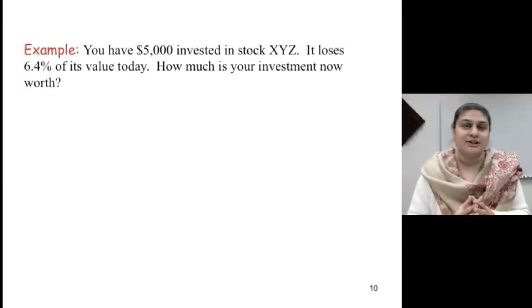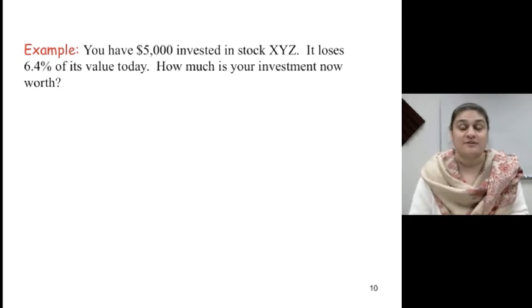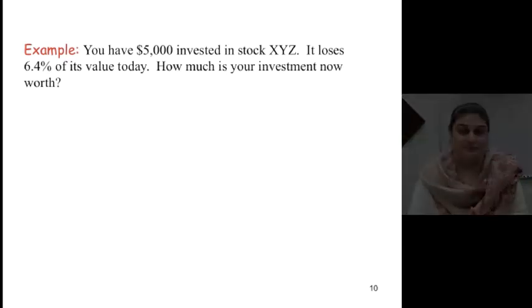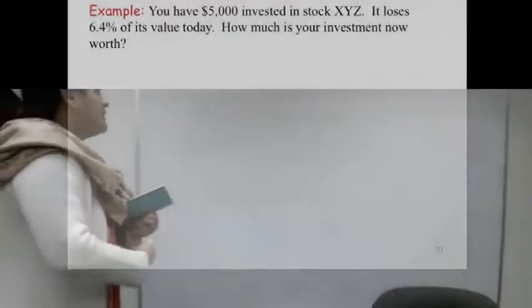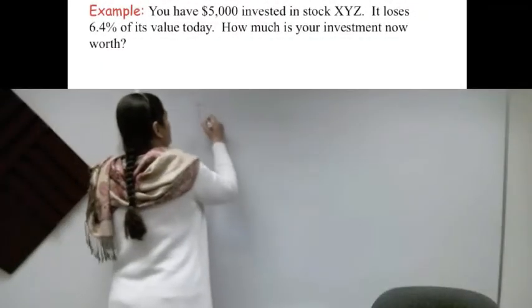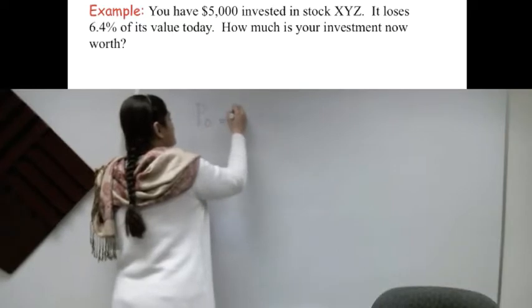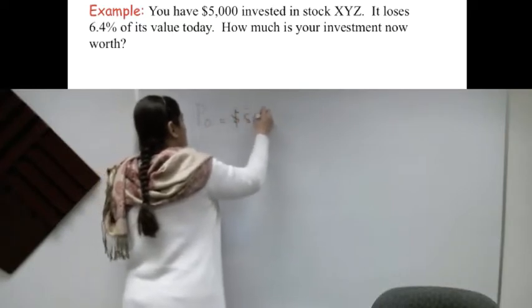Again, now let's look on the flip side of the coin. So for example, if you have $5,000 invested in stock, let's say XYZ, and it loses 6.4% of its value today, how much is your investment worth? The question says P naught, which is my initial investment, is $5,000.